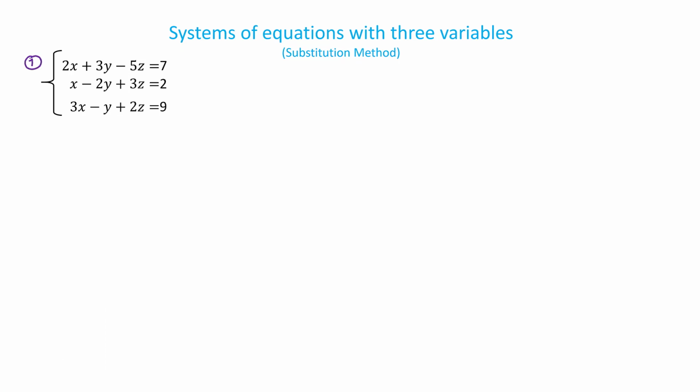I'm going to clear x in the first equation. And when I do that, I get 2x equals 7. Okay, and I'm going to pass the 3y that's positive to the right side of the equation as negative, so minus 3y. And minus 5c passes as plus 5c.